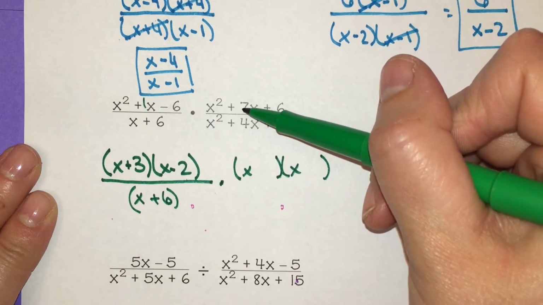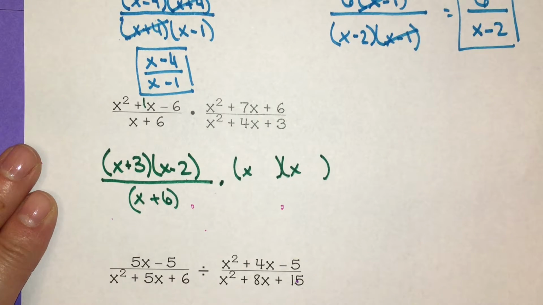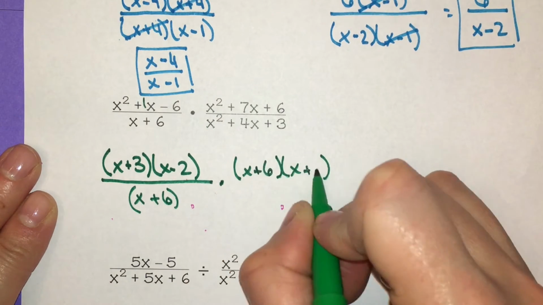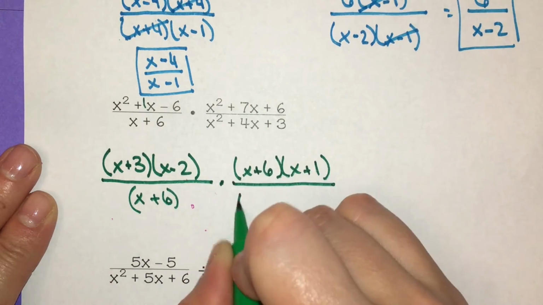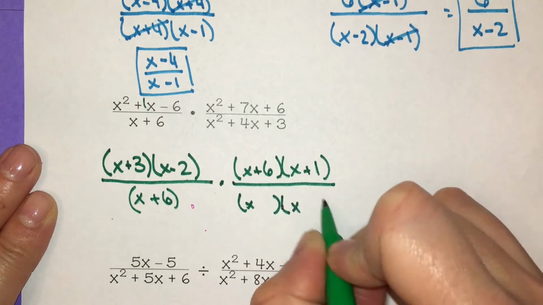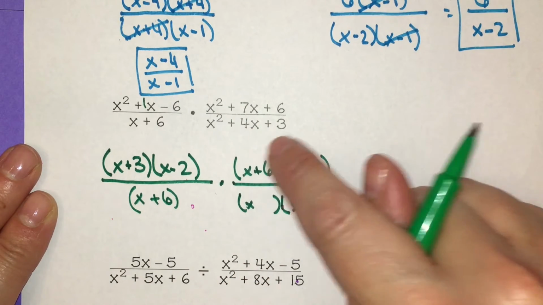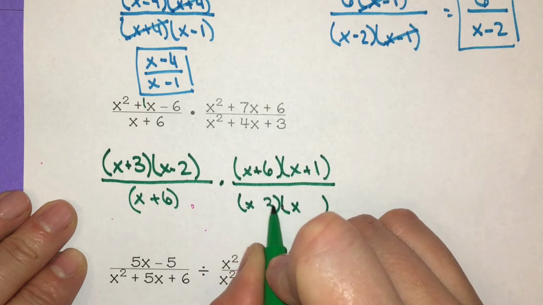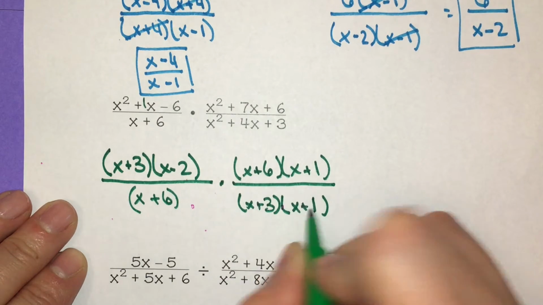I have to figure out what adds together to equal 7, multiplies together to equal 6, 6 and 1. They're both positive. On bottom, figure out what adds together to equal 4, multiplies together to equal 3, 3 and 1, both positive.